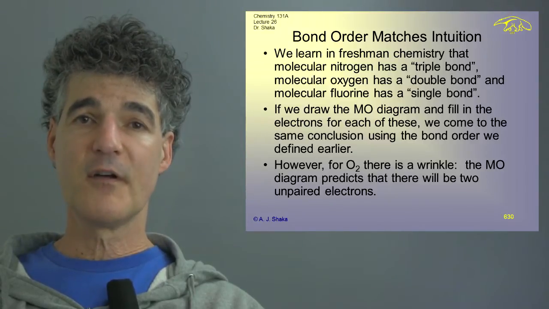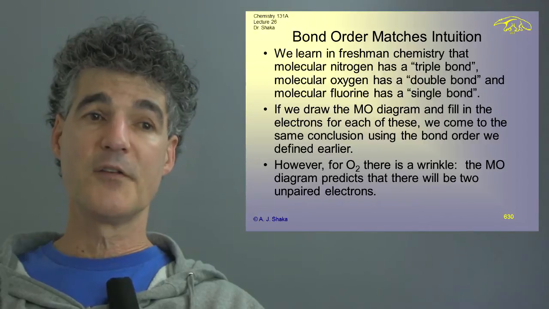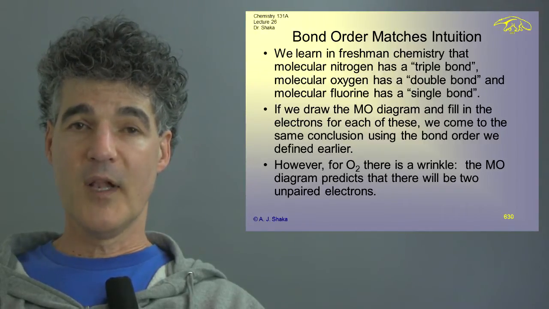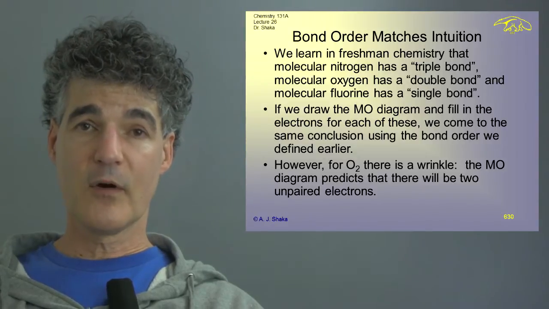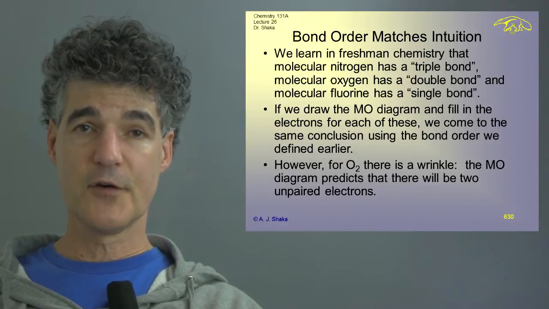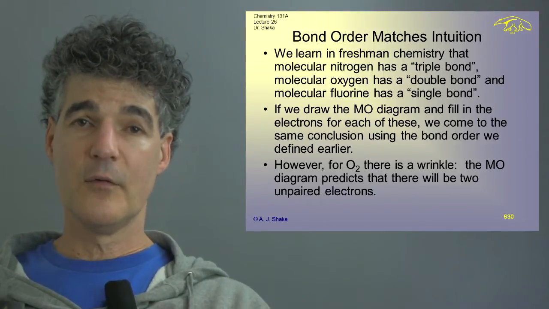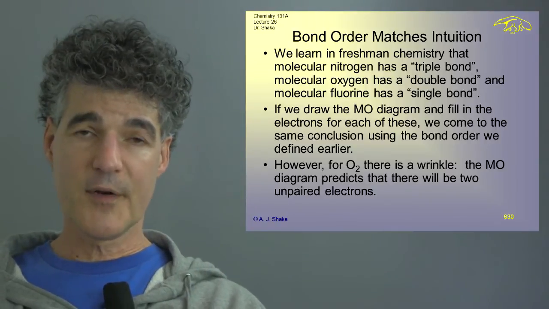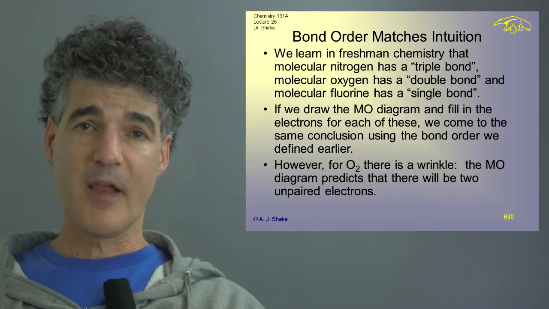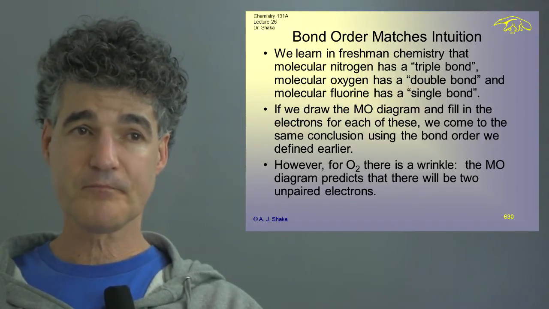However, for oxygen there is a wrinkle, and in fact that wrinkle is one of the major triumphs for the molecular orbital approach, and that is that the molecular orbital approach predicts for sure that oxygen will be a diradical with two unpaired parallel electrons in different orbitals, and that can't be predicted by a conventional Lewis structure.